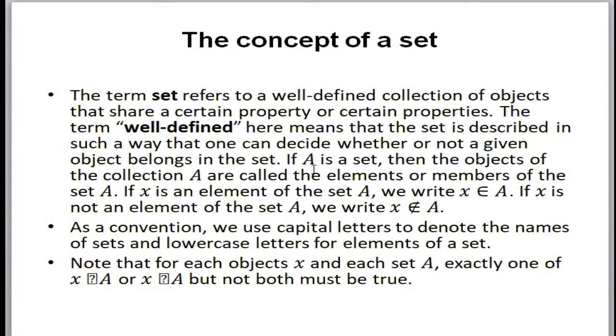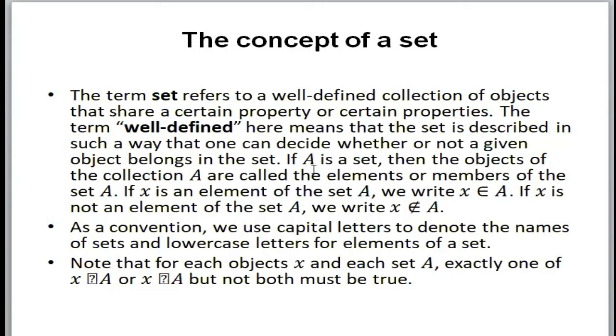So x is an element of A. If x is not an element of the given set A, we write x, then a bar on the symbol of an element, which, as I told you earlier, is similar to letter E. So you have to give a negation on the symbol of the element. Therefore, it tells us x is not an element of the given set A.